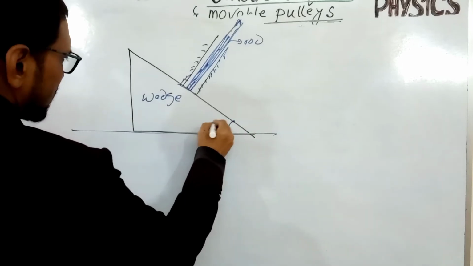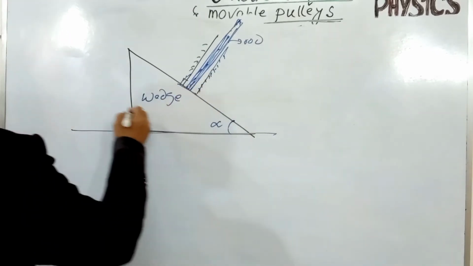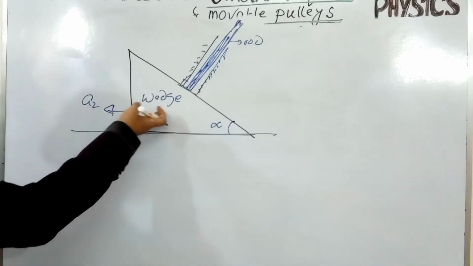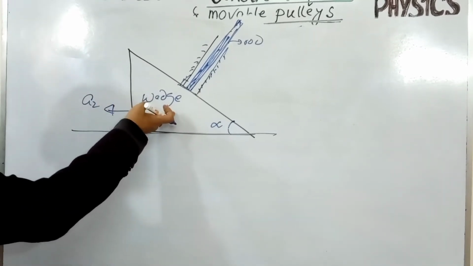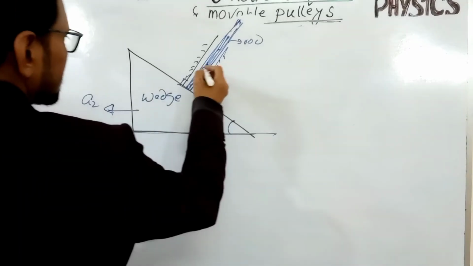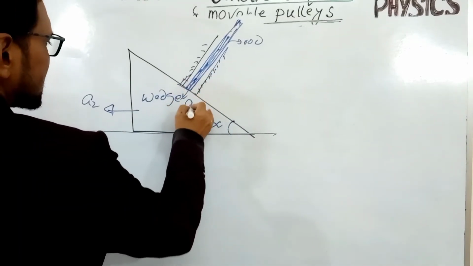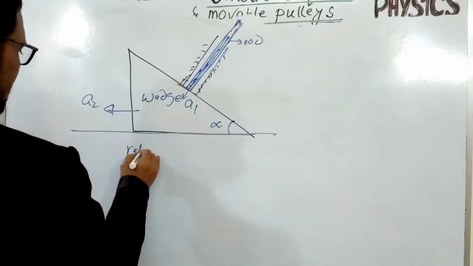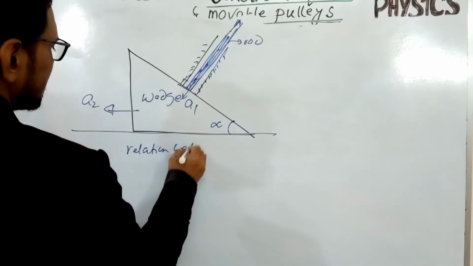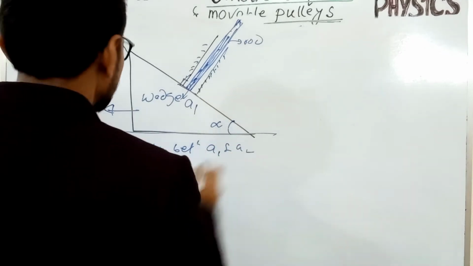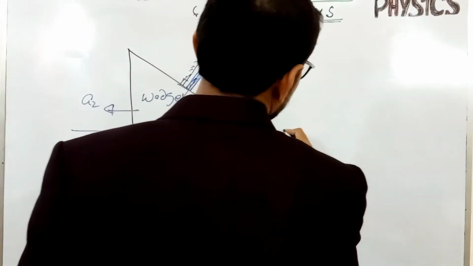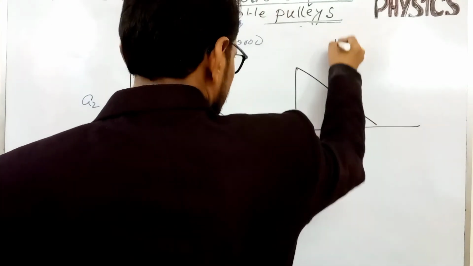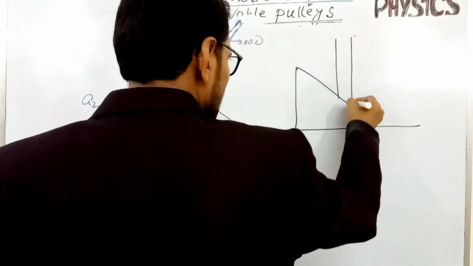If this angle is alpha, the wedge moves in this direction, because this movement is only along the ground, and if the rod moves with acceleration a1 with respect to the wedge, what is the relation between a1 and a2?